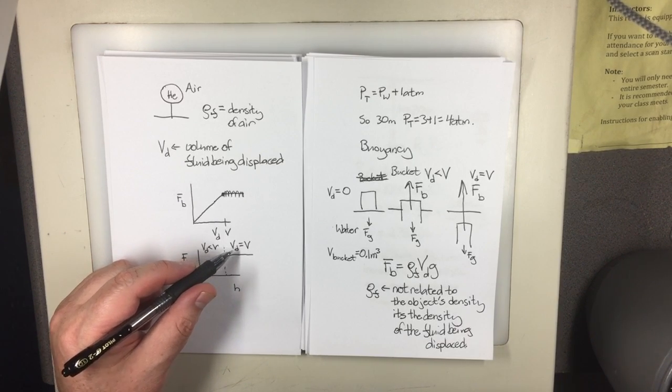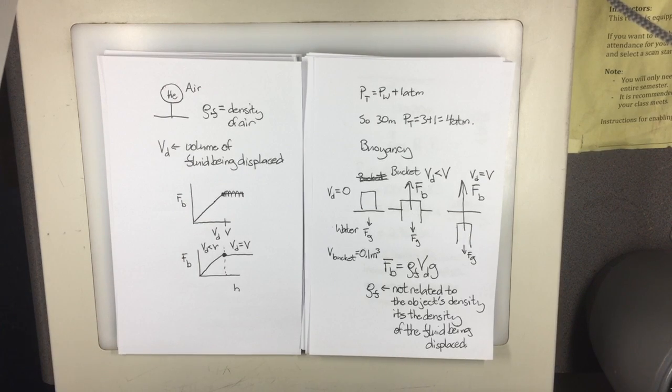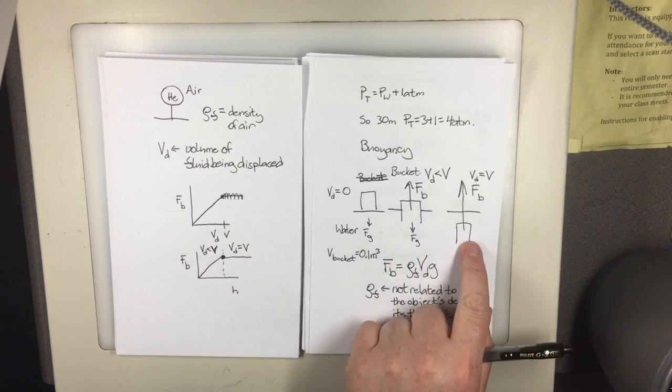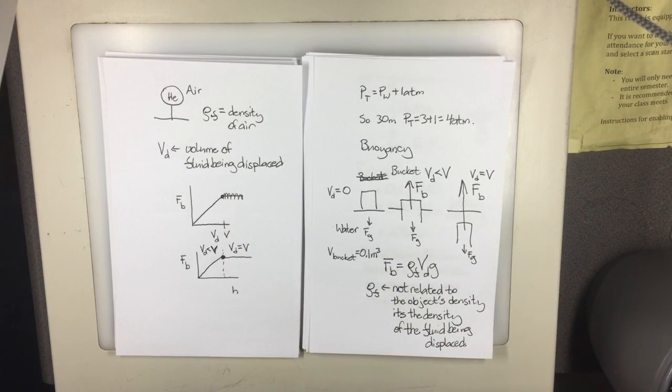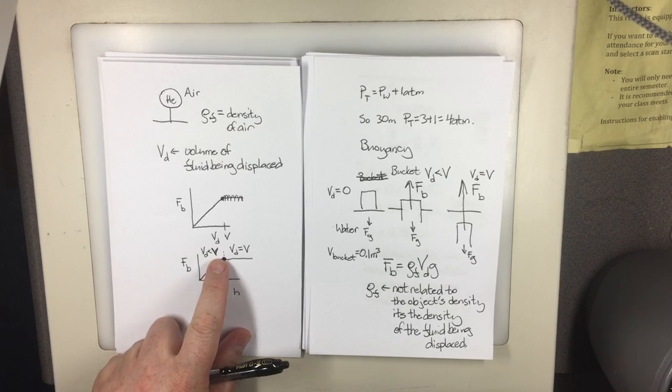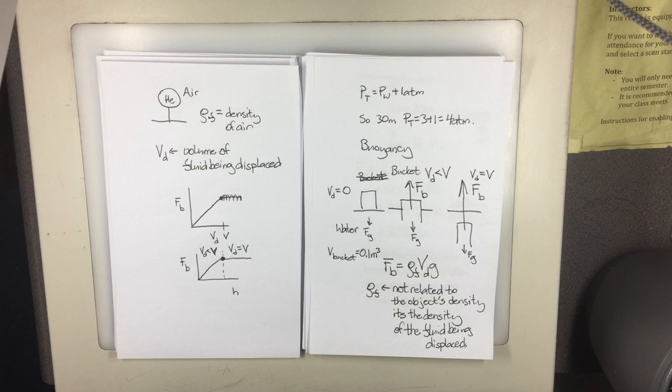Over here, the volume of displacement is equal to the total volume. So this is the graph that shows you the force that you feel. When you put that thing in the water, that force increases, increases, increases. Once the thing is fully submerged, then that buoyant force tops off. It maximizes. It doesn't get any bigger.